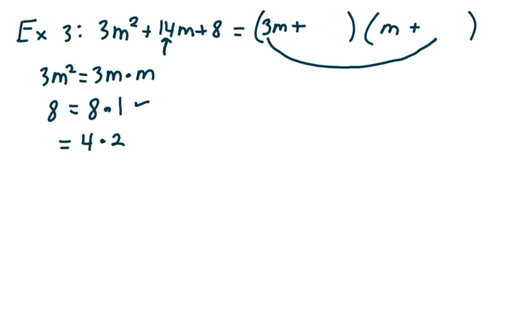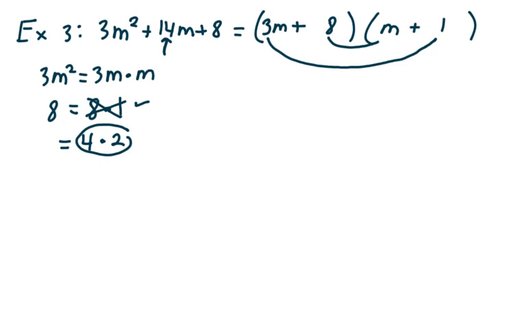If I put an 8 here and a 1 over here, 8m plus 3m is 11m. And I didn't make that middle term. So I already know that combination doesn't work, which means I have to look at the 4 and the 2.